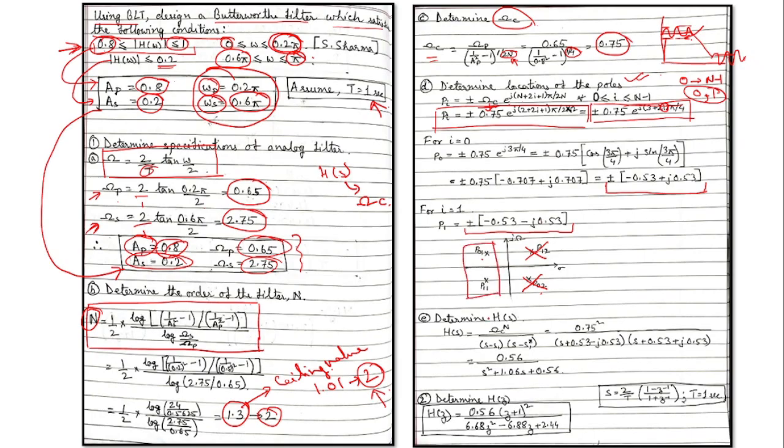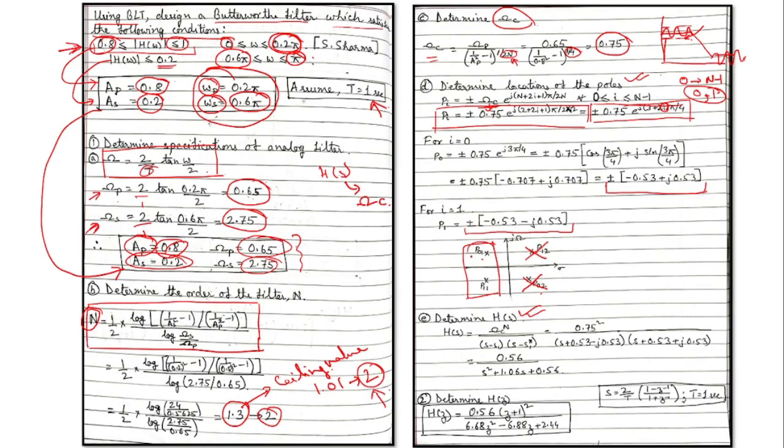Now we determine H of s. H of s is given by omega c to the power N, N is 2, so 0.75 whole square, divided by (s minus s1) multiplied by (s minus s1 conjugate).